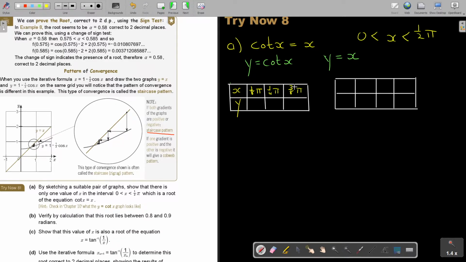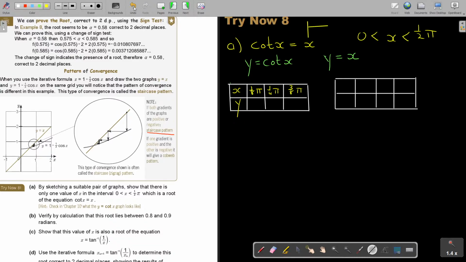It's very good that you already know, and I said that you must know, just like you must know the basic graphs of sin, cos, and tan, you must know the basic graphs of sec, cosec, and cot. That comes from chapter 10. There at the summary you will find it. Now, it's very good if you have this little picture of cot in your mind.